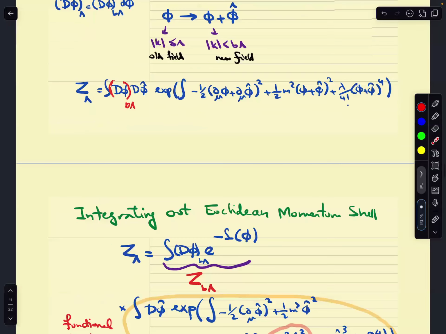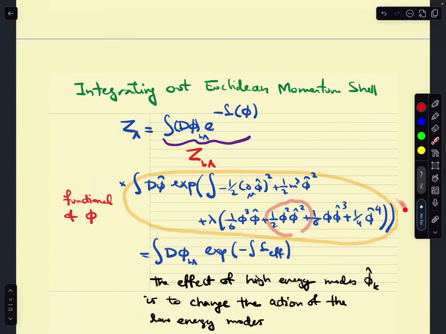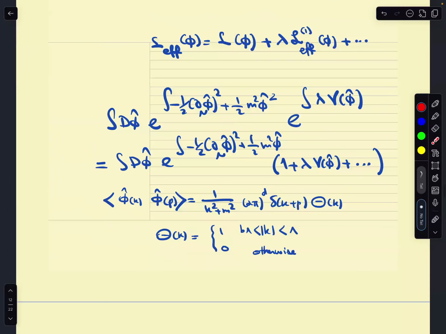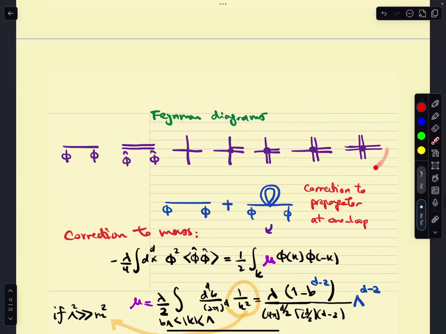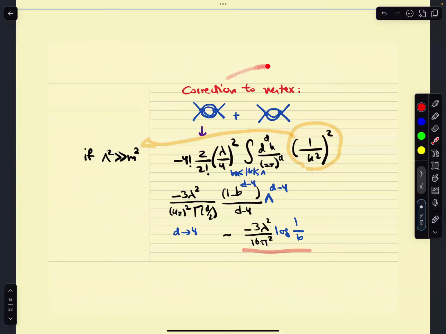But the result is that it introduces new interactions, new Feynman rules, that correct the mass and the vertex of the low energy theory. An important thing we saw was that they correct couplings that we didn't even write down.